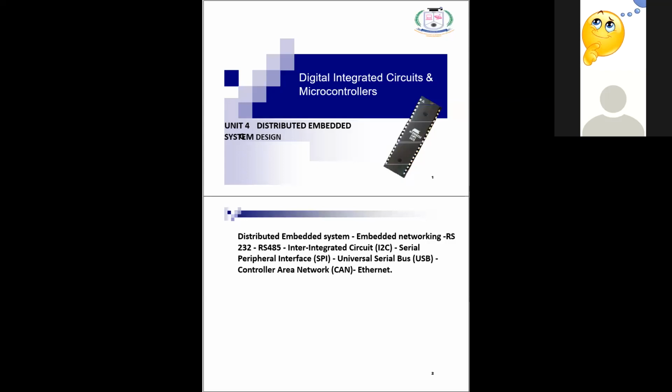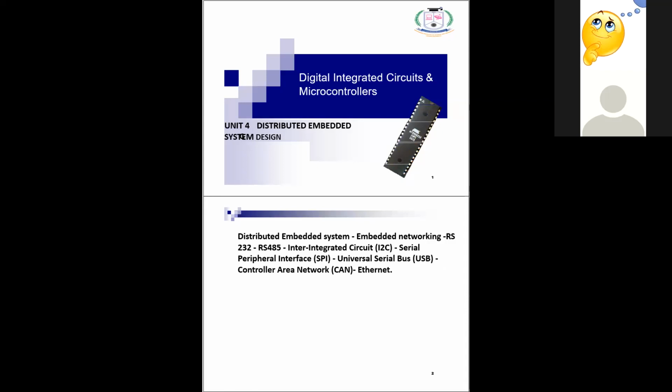Today I will explain distributed embedded system and embedded networking later. First we will start with USART and UART, to refresh that. Then we go on to RS232, I square C, SPI, USB, CAN, and all that we will see in the subsequent classes.